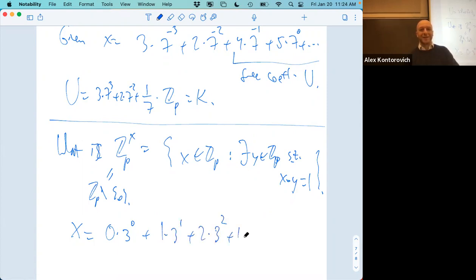How come this number doesn't have an inverse? It is in Zp, but it's not in Zp cross. It's in Zp because I didn't start with any 3 to the minus powers. So this is in Zp, but it's not in Zp cross.